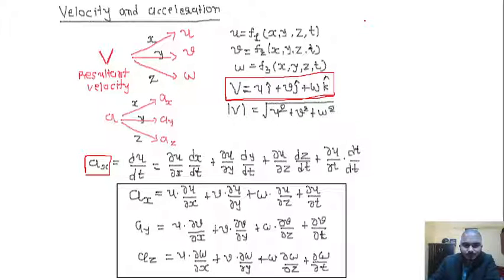So obviously ax will be equal to d over dt of u.